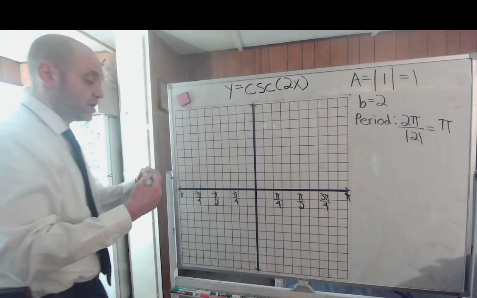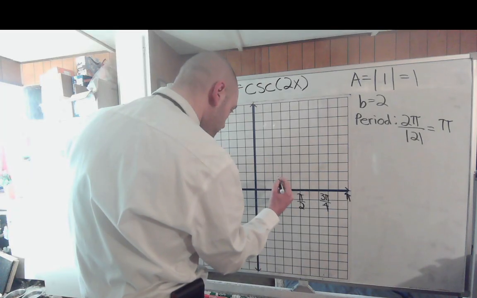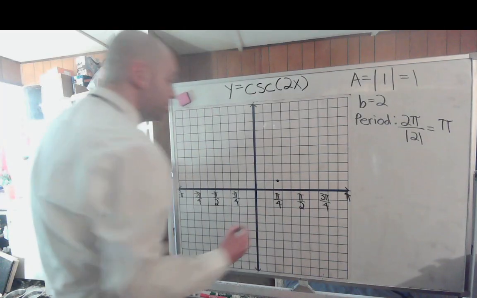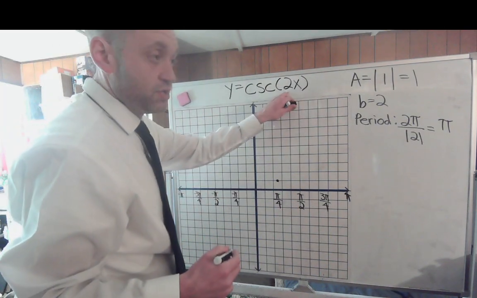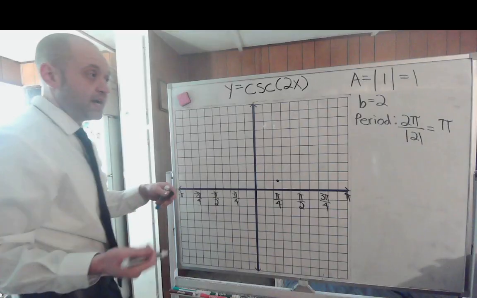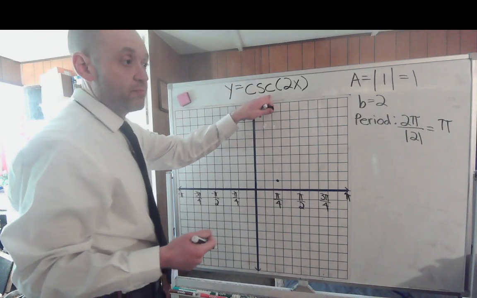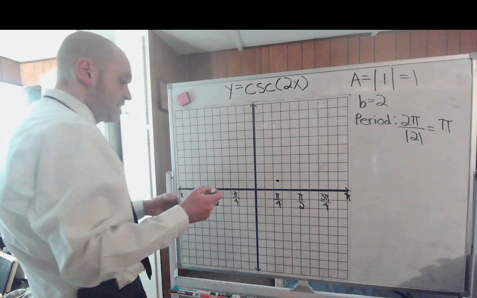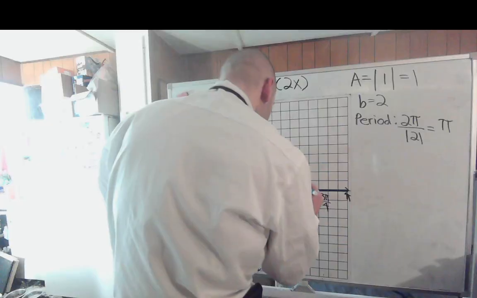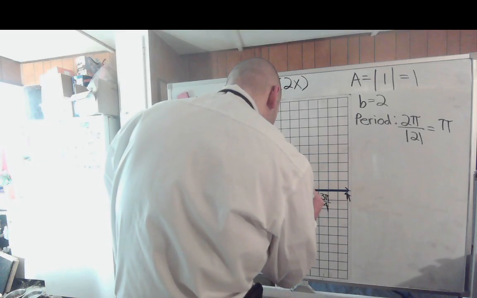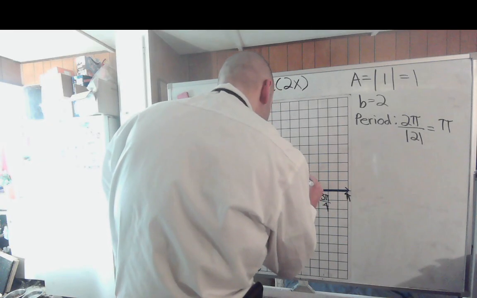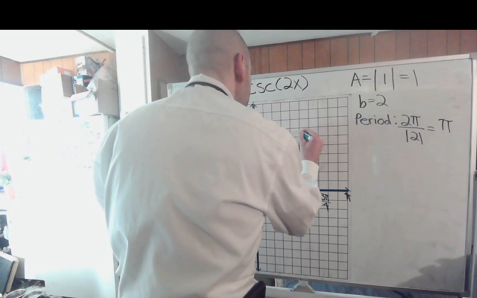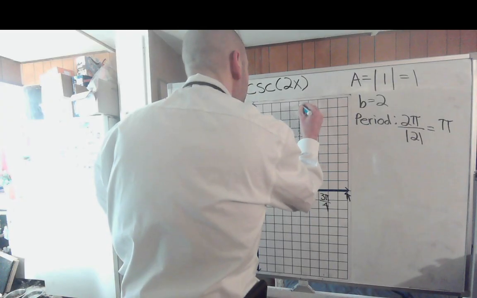That'd be 1, right? So at pi over 4, I'd have a value of 1. Now what about if I put in pi over 2? 2 times pi over 2 is just pi. Cosecant of pi would be undefined. So I'm going to have an asymptote at pi over 2.